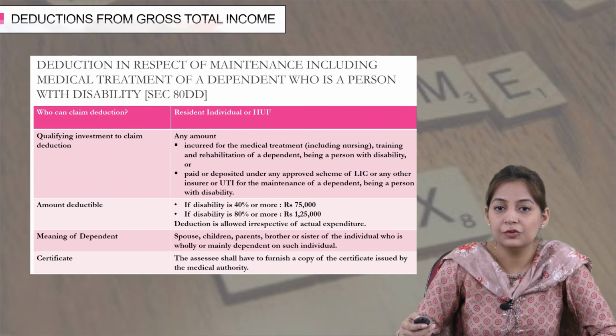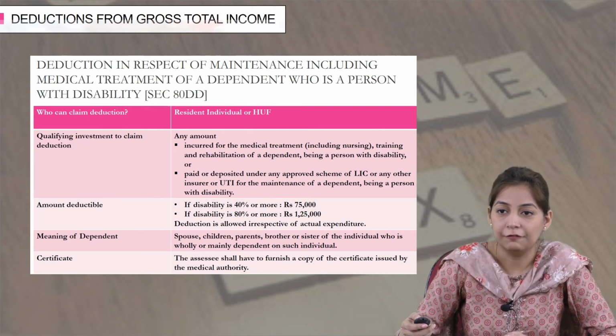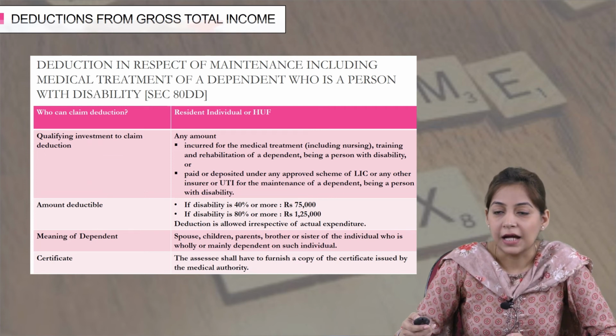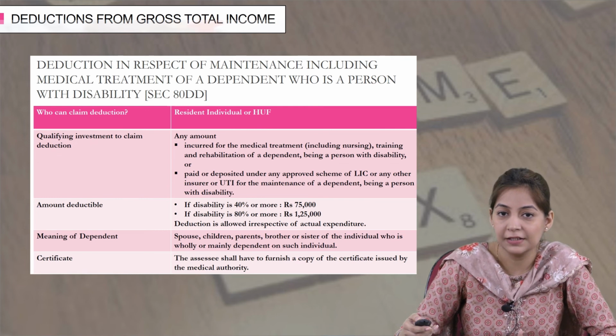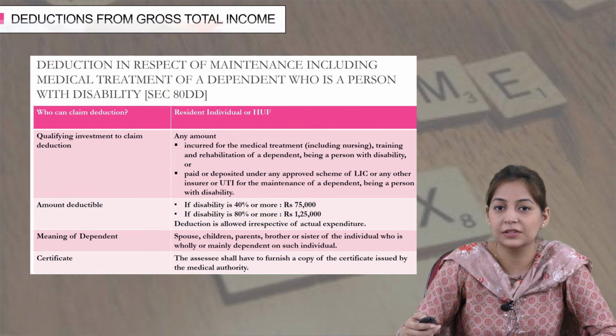So, if you have incurred rupees 50,000 on the medical treatment of a dependent disabled, irrespective of your actual expenditure of rupees 50,000, we are going to allow you the deduction of rupees 75,000, right? And if the disability is severe, more than 80%, then the fixed amount is rupees 1,25,000. So, for dependent disabled, there is a ceiling of 75,000 and 1,25,000 respectively.